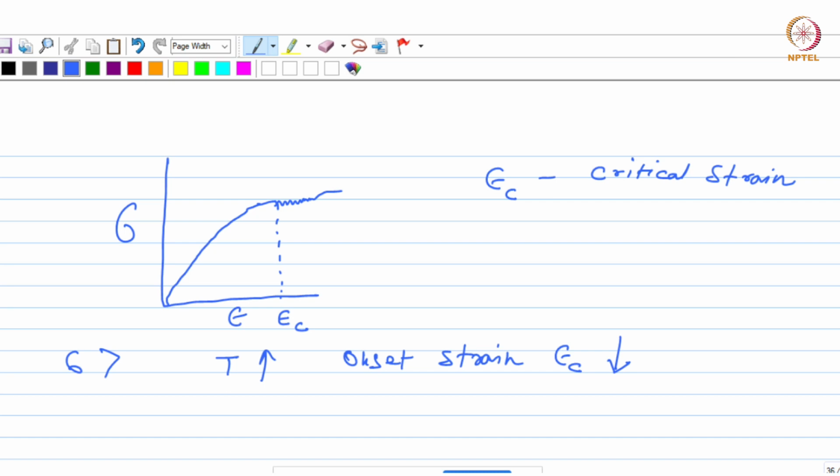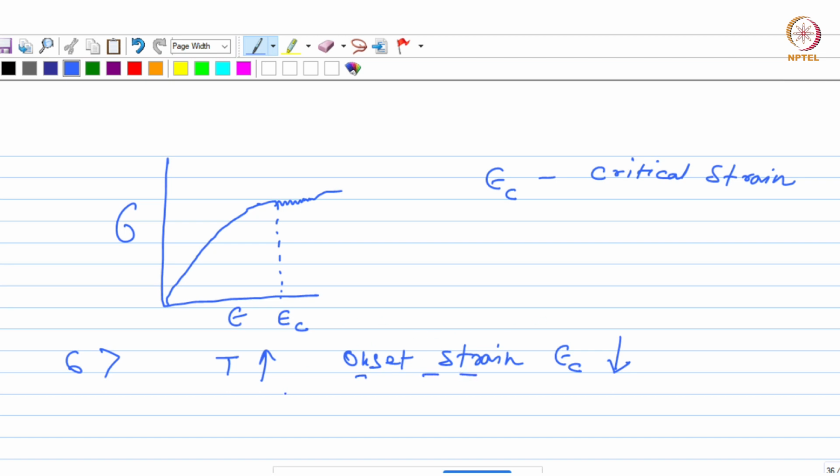This is because as the temperature is increased, the diffusion rate of the solute atoms will increase, because diffusion is a thermally activated phenomenon. So these solute atoms will diffuse faster, and as a result, they can catch up with the dislocations faster, and therefore the serrated flow will start early.